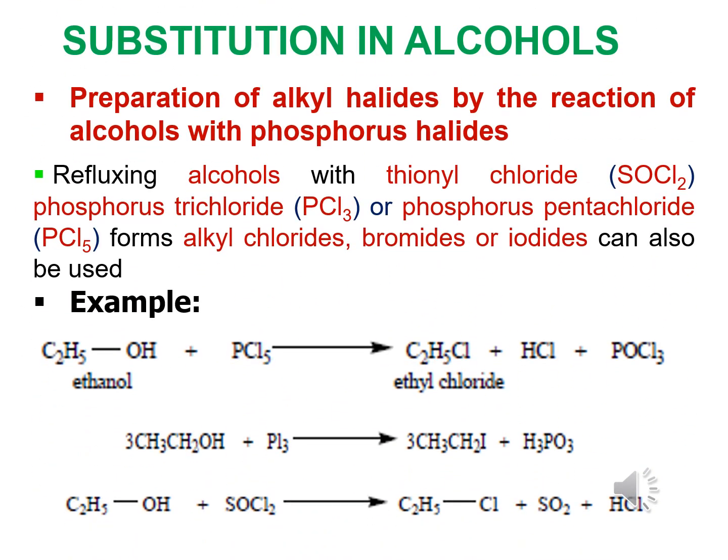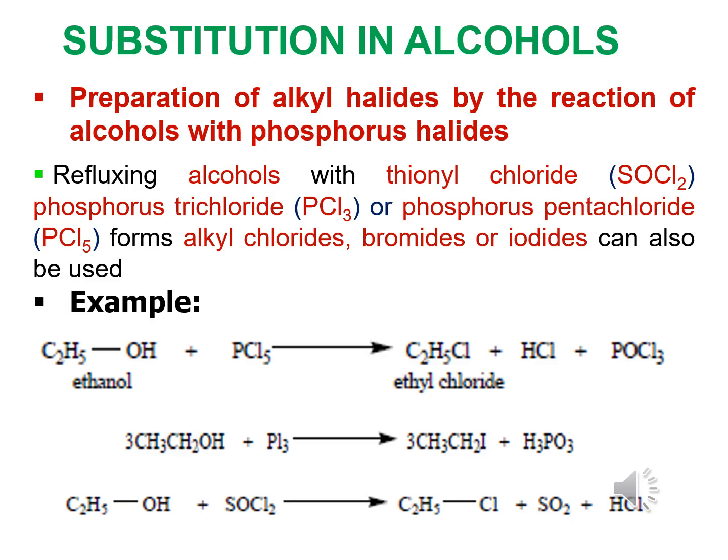Next is preparing alkyl halide from alcohol using phosphorus halides. These will be phosphorus trichloride, phosphorus pentachloride, phosphorus tribromide, phosphorus pentabromide, phosphorus triiodide, phosphorus pentaiodide, or thionyl chloride. In all these reagents, what happens is still the same thing, where we are going to exchange the hydroxyl nucleophile with halide nucleophile.